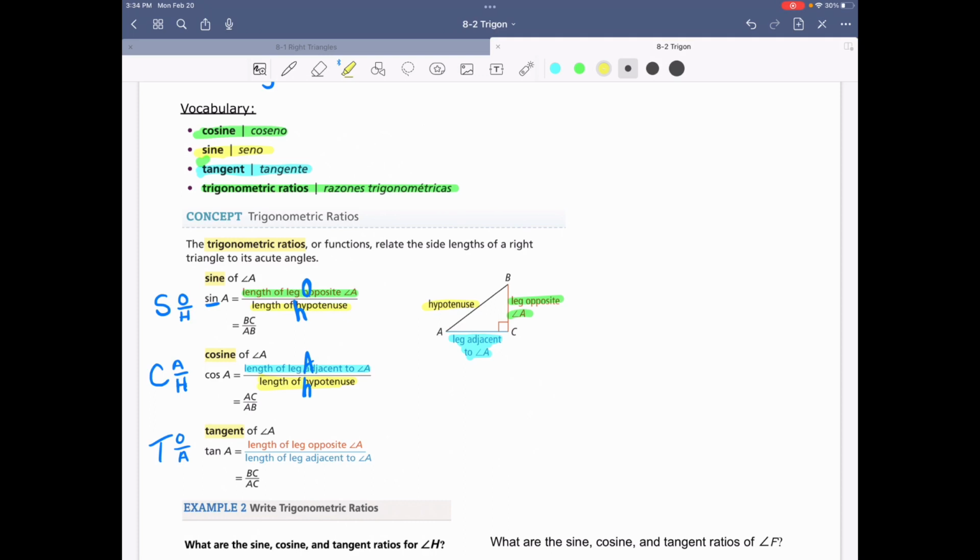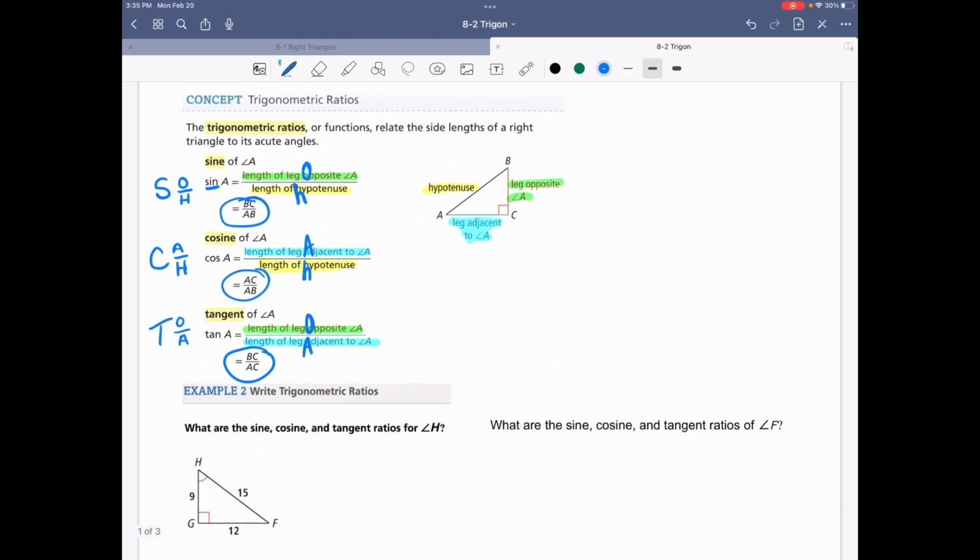All right, I used blue for the adjacent, and I used green for the opposite side. So in toa, we have O for opposite and A for adjacent. And then they showed you how to do that with like the BC over AB right here, and the AC over AB, and the BC over AC, but we'll just get to application and not worry about that right now.